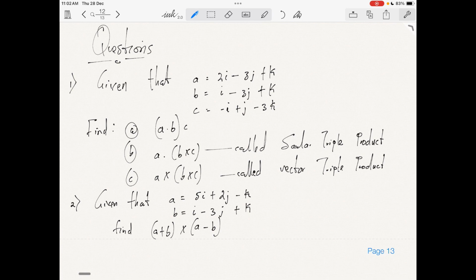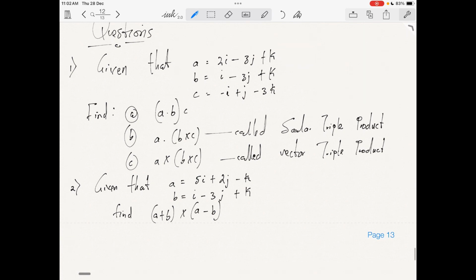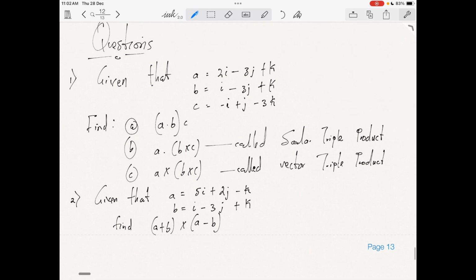It says, given that a is equal to 2i minus 3j plus k, b is equal to i minus 3j plus k, and c is equal to minus i plus j minus 3k, we should evaluate a dot b multiplied by c, which is called the scalar triple product, and a cross b cross c, which is also called the vector triple product.